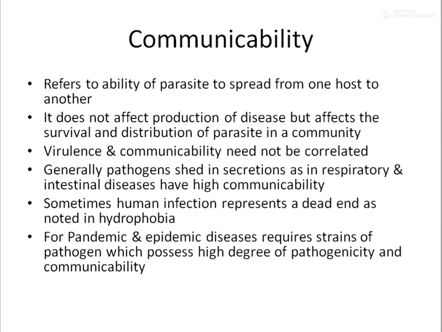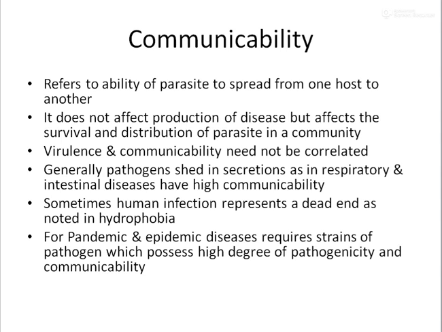The next factor which influences the virulence is the communicability of a particular disease. Now, what do you mean by communicability? It mainly refers to the ability of a pathogen or a parasite to spread from one host to the other. It does not affect the production of the disease, but affects the survival and distribution of the parasite or the pathogen in a particular community.